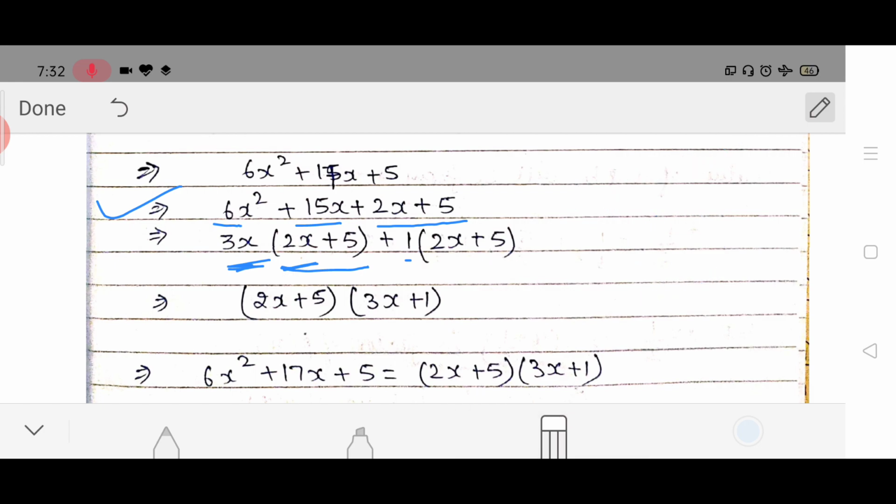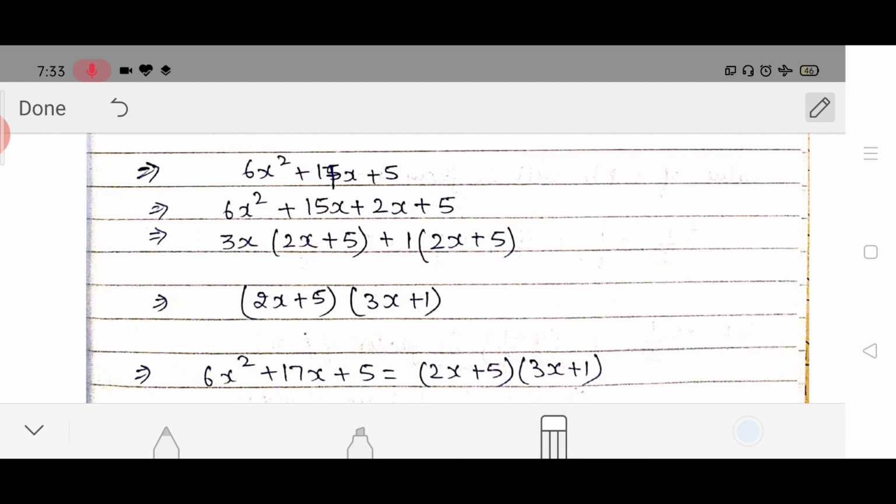Now moving on, as you can see from the third line, in the first and second terms of the addition you have 2x plus 5 in common. So you have written 2x plus 5 as common. If you take 2x plus 5 as common, in the first term 3x is left, so you have written 3x, and from the second term 1 is left, so you have written 3x plus 1 here.